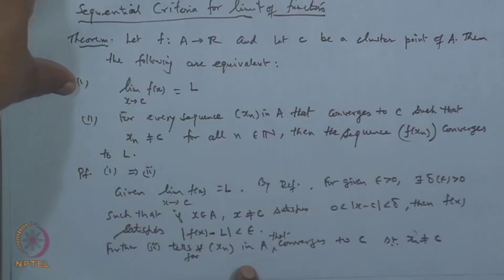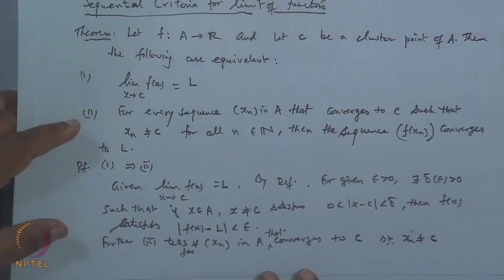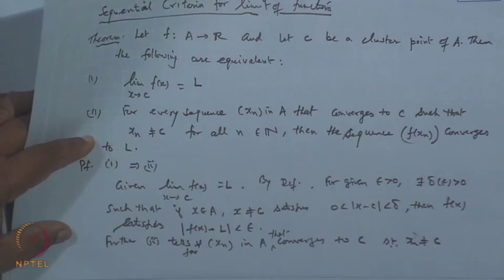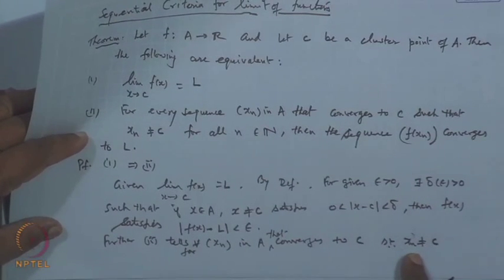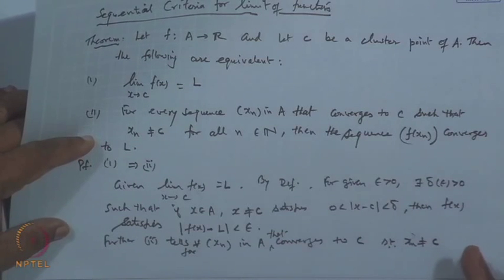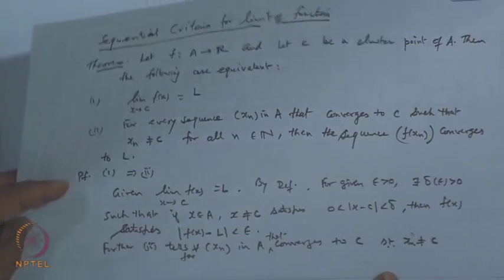So, when x_n converges to C, it means for a given small number, say I take the delta, for a given delta we can identify a capital K or M such that when n is greater than or equal to K, then the difference |x_n − C| will remain less than delta.